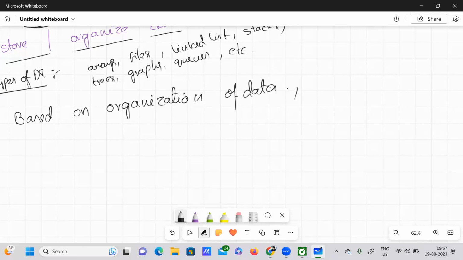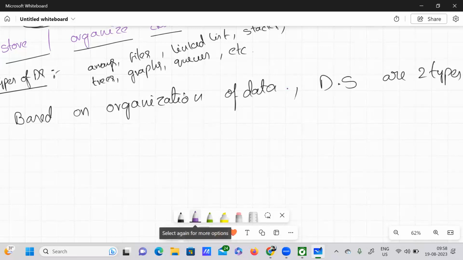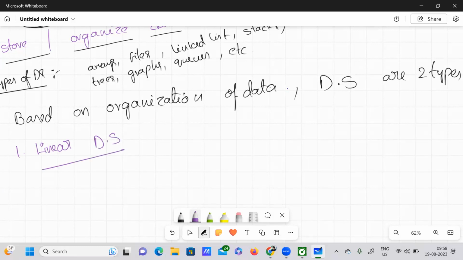Depending upon that, our data structures, in short, I'm mentioning it as DS, in the sense data structures. Just remember this thing. DS data structures are classified into two types. What are those two types actually? So the first one is linear data structure. Okay.